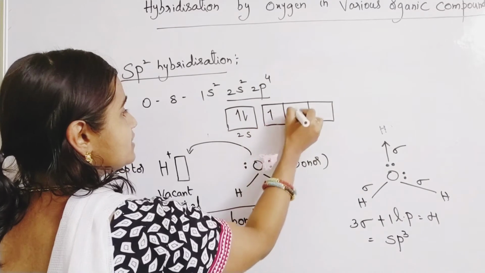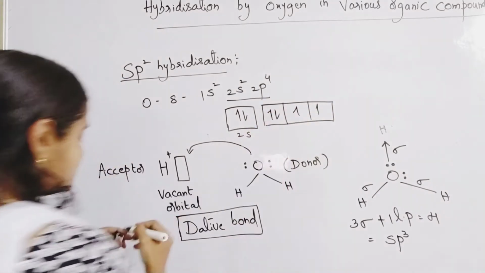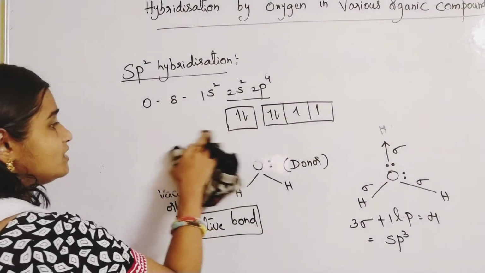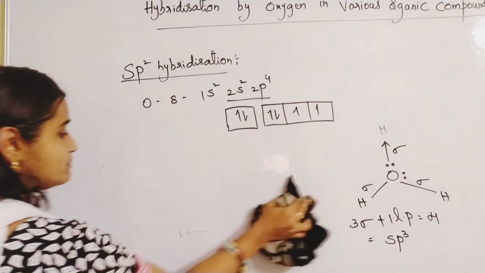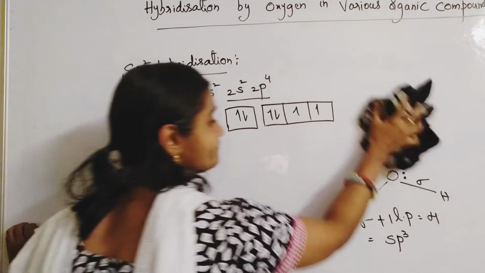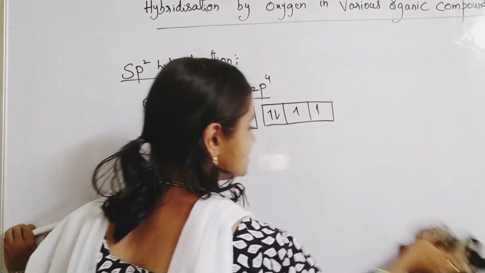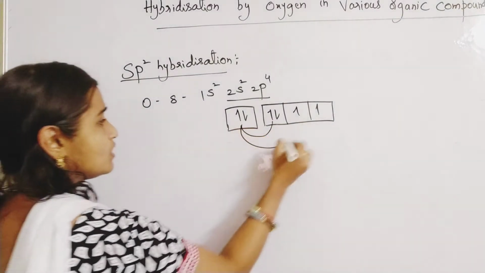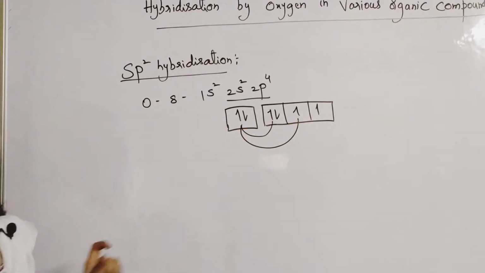So when it is undergoing sp2 hybridization, 1 s orbital and 2 p orbitals only will merge.